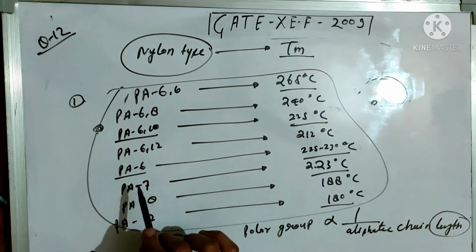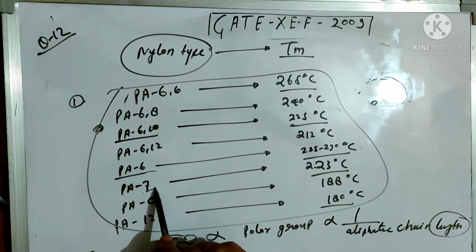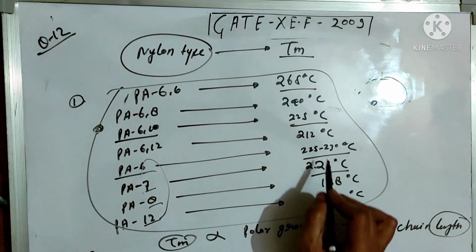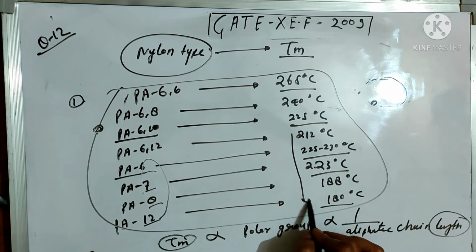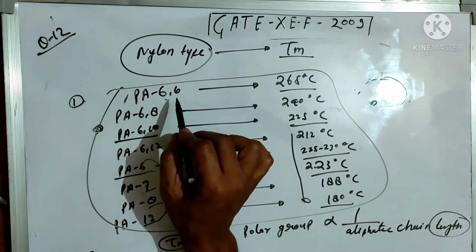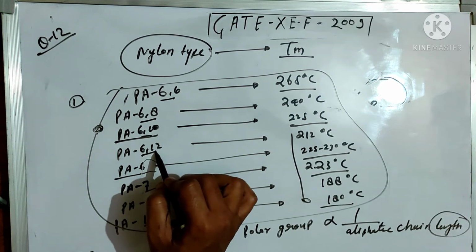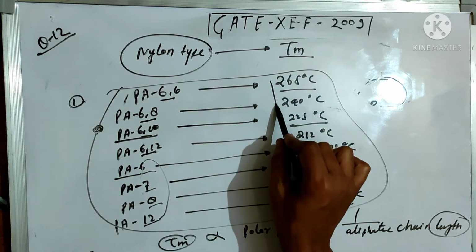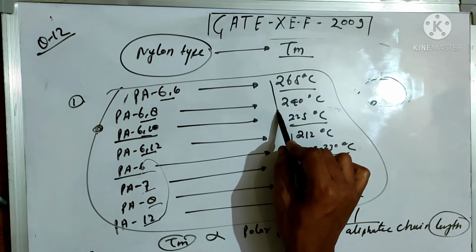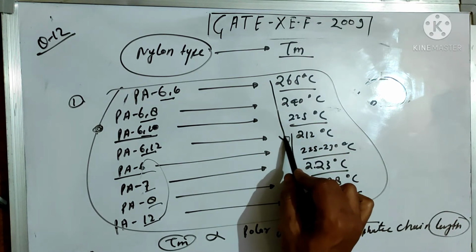So in nylon 6, nylon 7, nylon 8, nylon 12, the aliphatic chain length of the polymer increases, so their melting points are in decreasing order. Similarly in nylon 6,8, nylon 6,10 and nylon 6,12, the aliphatic chain length increases, that's why their melting points are in decreasing order.